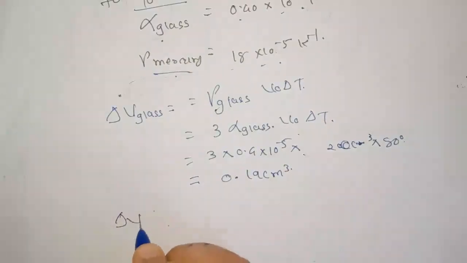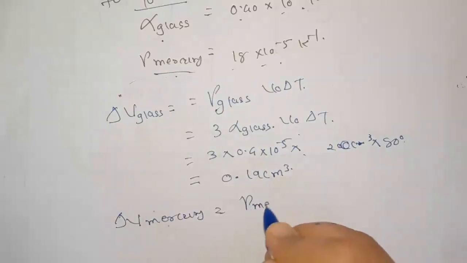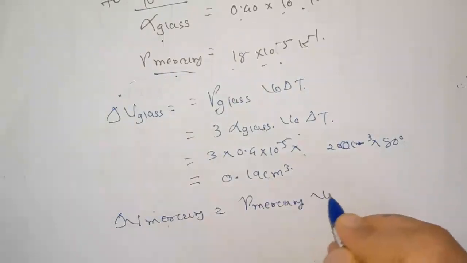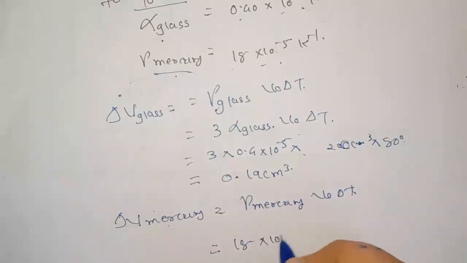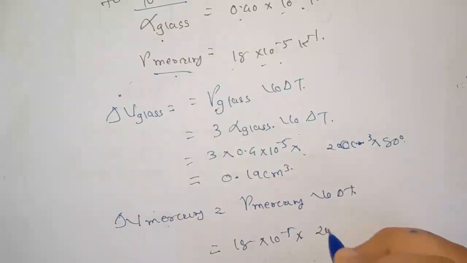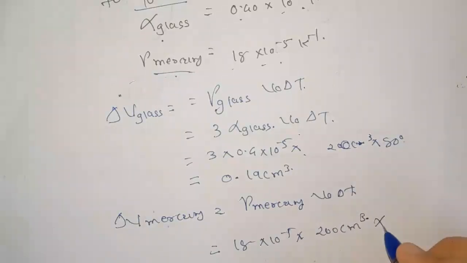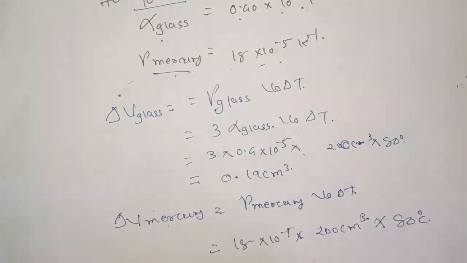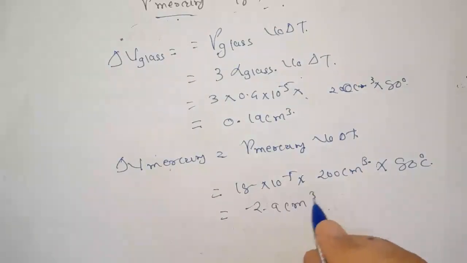Now change in volume of mercury is equal to gamma mercury into V naught delta T. That will be equal to 18 into 10 power minus 5 into V naught 200 centimeter cube because the glass flask is completely filled, into delta T, that is 80 degrees Celsius. So we will get the answer, that is 2.9 centimeter cube.